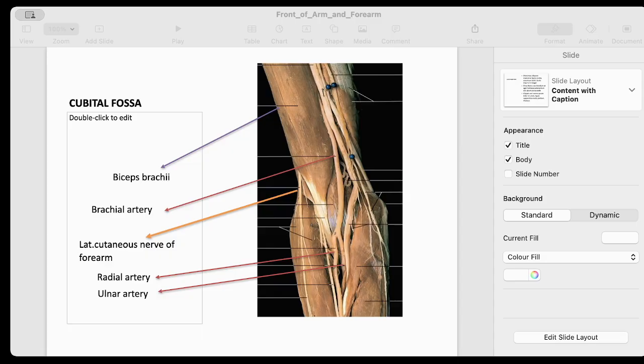Next is flexor carpi radialis. It also flexes because all the front of the forearm muscles flex. So it flexes and abducts the wrist. Just remember, radius always abducts. Understood. Next is palmaris longus.